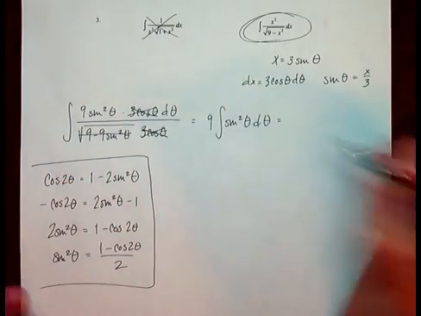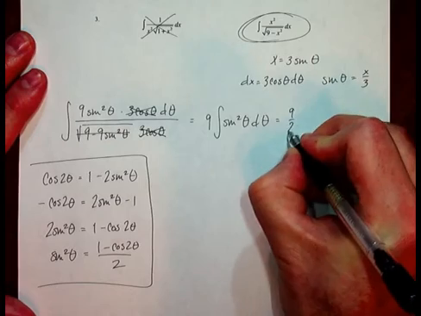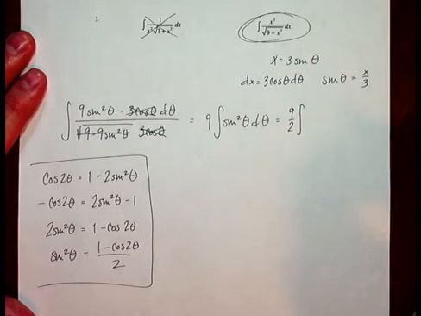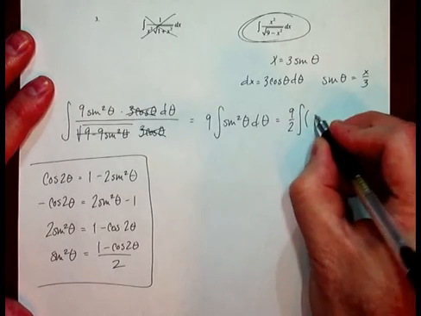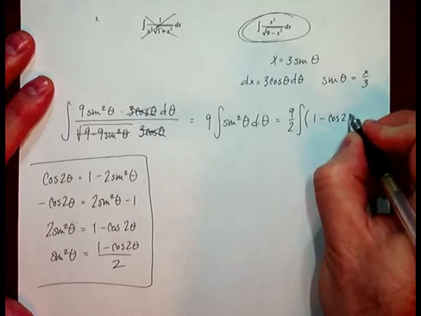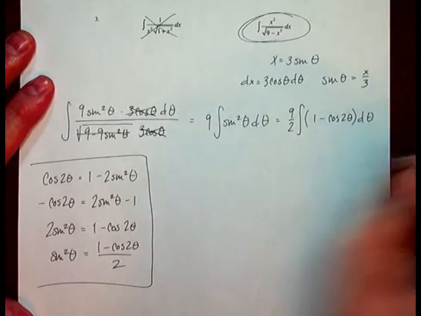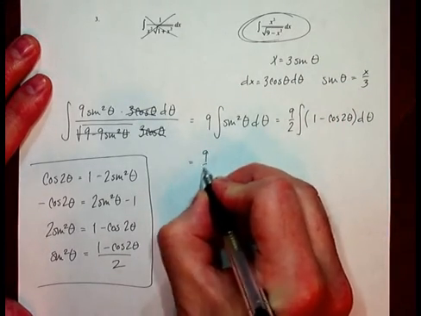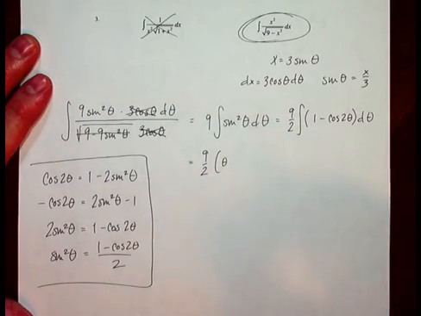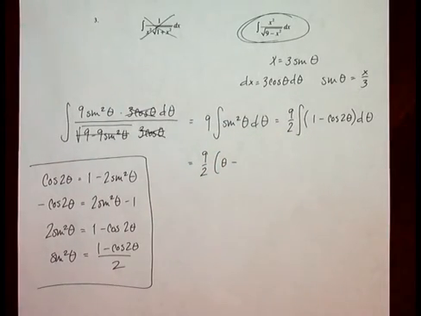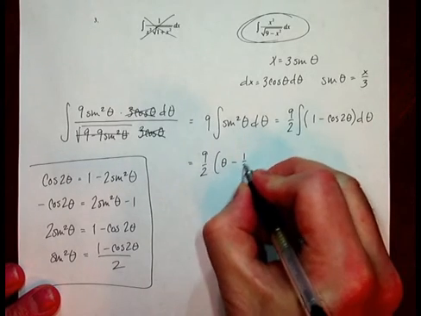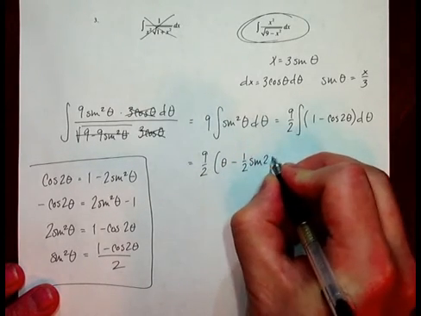Well, I don't need the over 2 inside the integrand, so I'm going to go ahead and pop that out as a 9/2, and I have 1 minus cosine 2 theta d theta. Well, that becomes 9/2 theta minus, okay, well, cosine 2 theta is the derivative of 1/2 sine 2 theta.